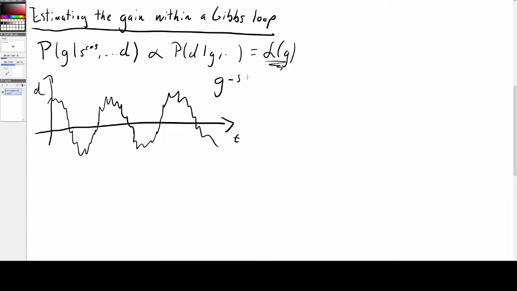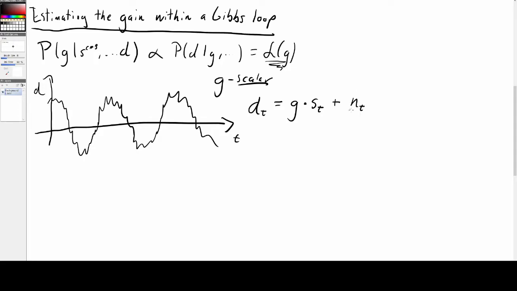So G in this case is a scalar, and our data model is that for every time t, we have a data sample that is, again using a simple model without a lot of beams and side lobes, equal to this constant gain factor times the actual true signal at any time t, because the detector is pointing at different places for every t, so the signal will vary depending on which time it is.